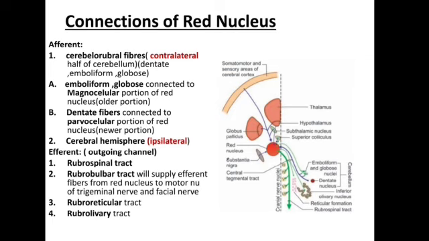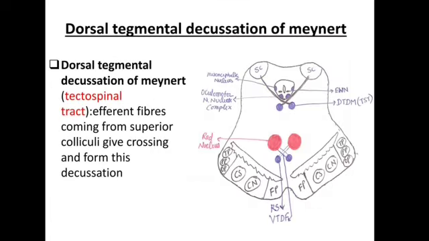Rubrobulbar will supply efferent fibers from red nucleus to motor nucleus of trigeminal nerve and facial nerve. Rubro-reticular tract from red nucleus to reticular formation of entire midbrain. Rubro-olivary tract from red nucleus to inferior olivary nucleus.